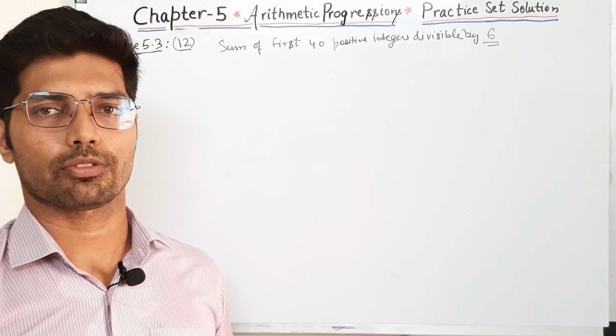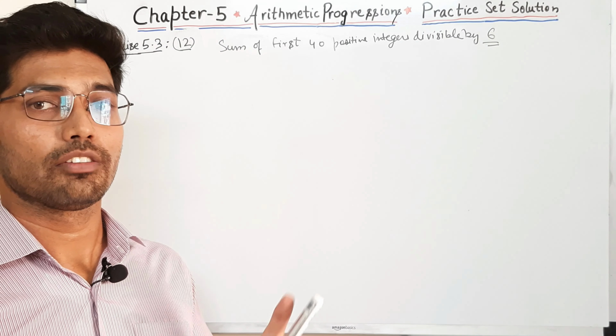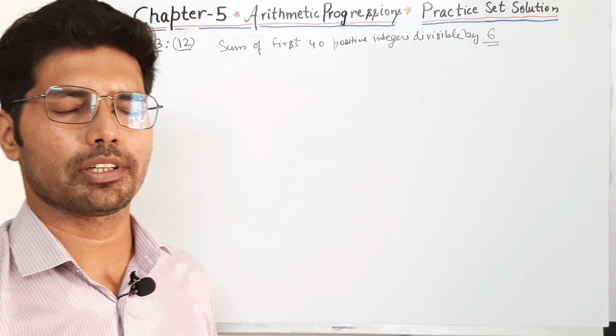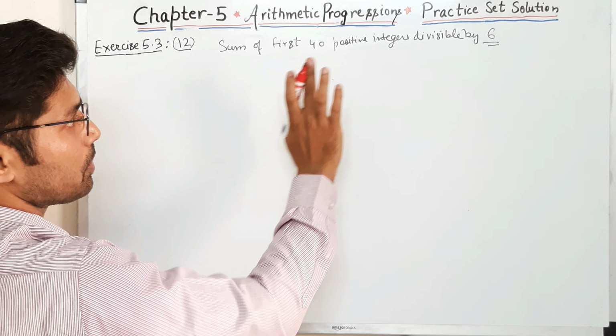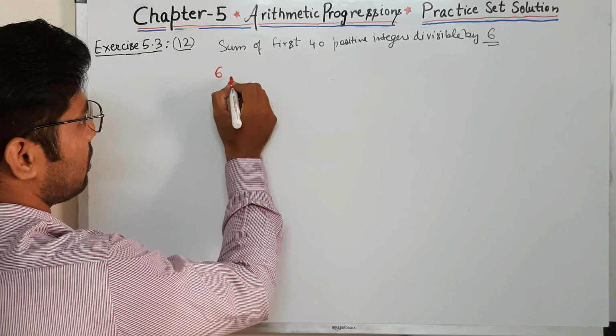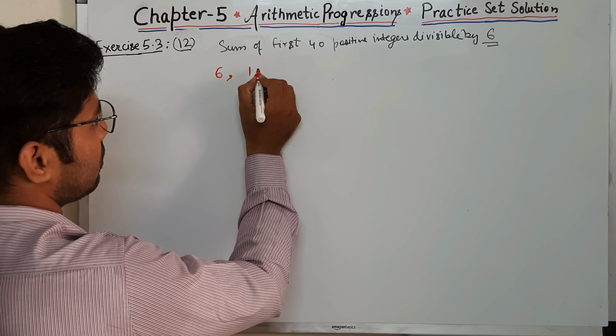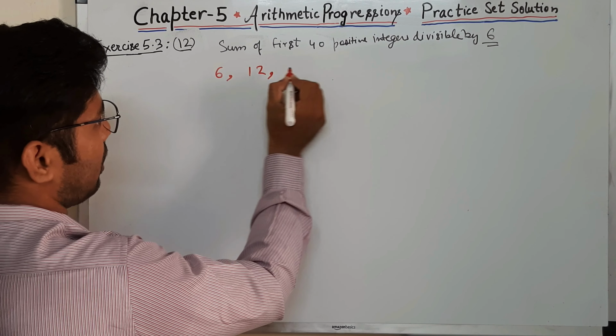Okay guys, now come to our next question. Here we need to find the sum of the first 40 positive integers which are divisible by 6. Let's see what's the AP here. The first term which is divisible by 6 is 6 itself, now second will be 12 and so on.